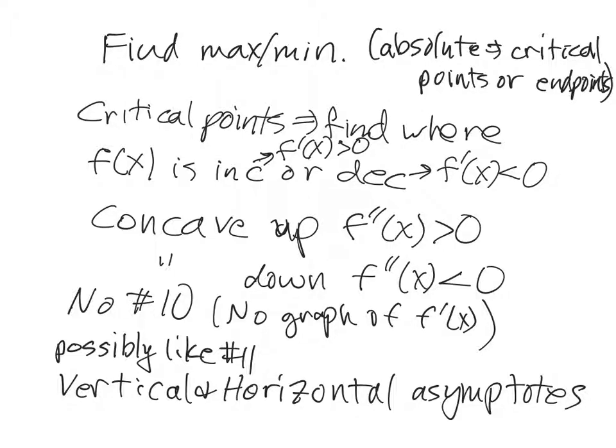But definitely find the vertical and horizontal asymptotes. Now, you've got to be careful because the vertical asymptote is not necessarily where the denominator equals 0. We may have a hole in the graph at that point. So make sure you know how to find which is which.